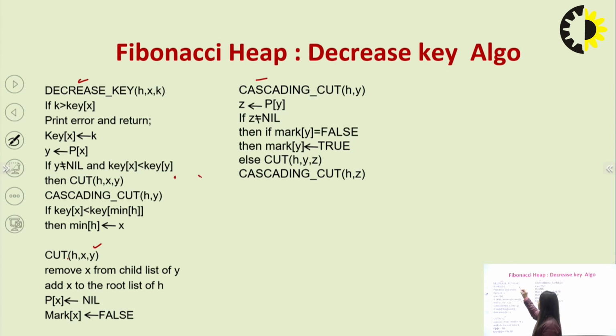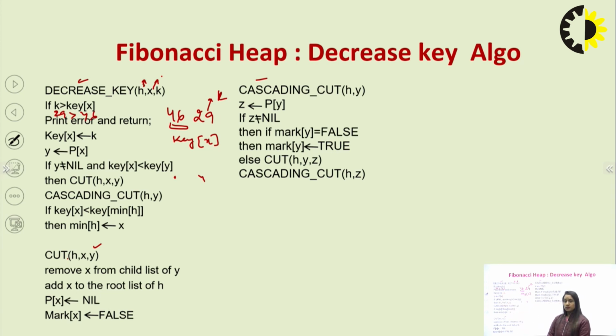See, my current key is 46. I want to decrease it to 29. H belongs to your heap. X is your current node of the heap, which is 46. Key of X is 46 and this is your K. Now the condition is that K should be less than key of X. Your K is 29, and key of X is 46.